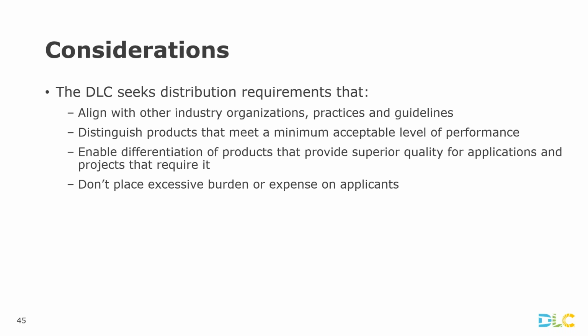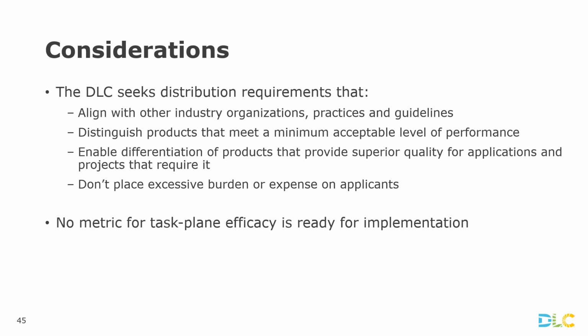Similar to the other topics, the DLC really intends to update information and align with other industry organization practices and guidelines to distinguish products that meet a minimum acceptable level of performance, enable differentiation of products that provide superior quality for certain applications that require it, but also without placing excessive burden and expense on the applicants.